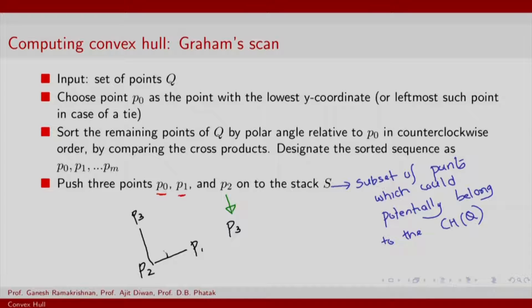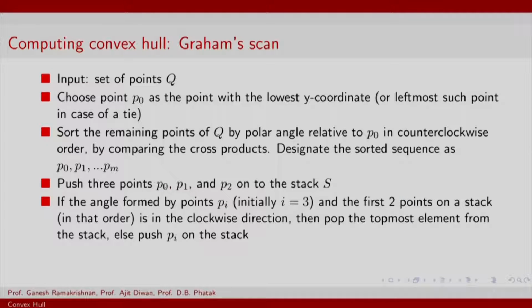An angle of this sort which indicates a counterclockwise rotation of P3 from P1 with respect to P2 will mean that P2 should get excluded. On the other hand, if P2 were such that P3 is rotated clockwise from P1 with respect to P2, then P2 should also get included.